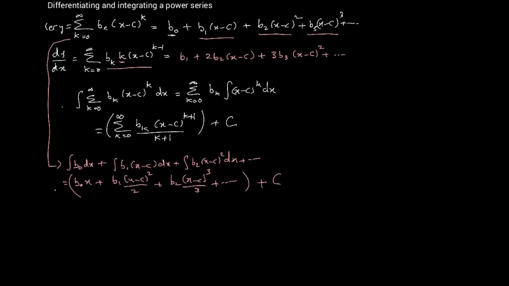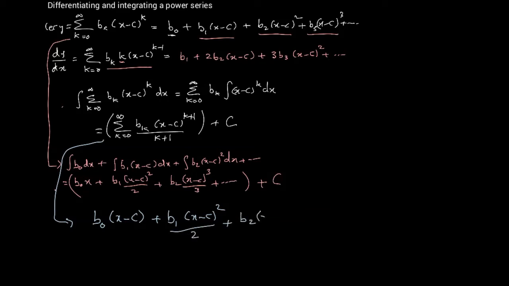Now notice, if I look at some of the terms in this formula, k equal to 0 gives me b0 (x minus c) plus b1 (x minus c) squared over 2 plus b2 (x minus c) cubed over 3, and so on and so forth.